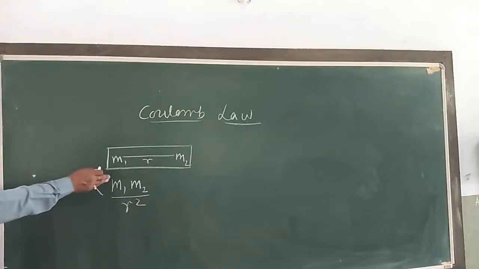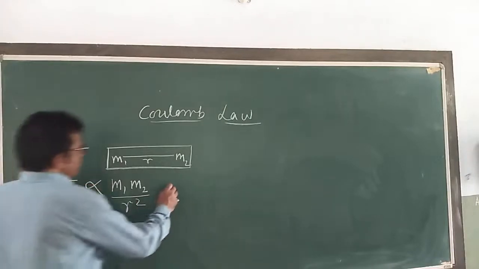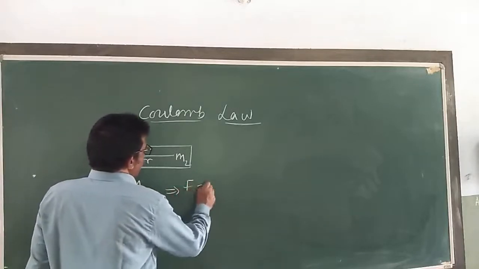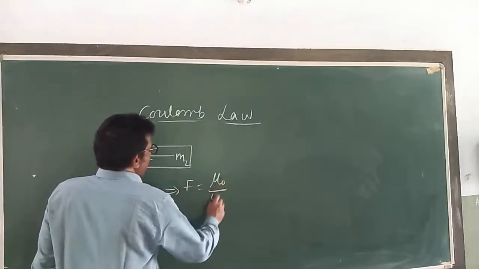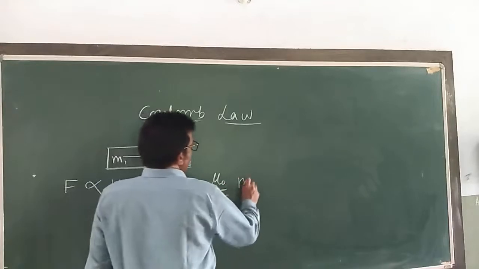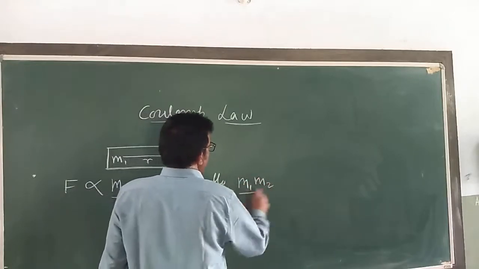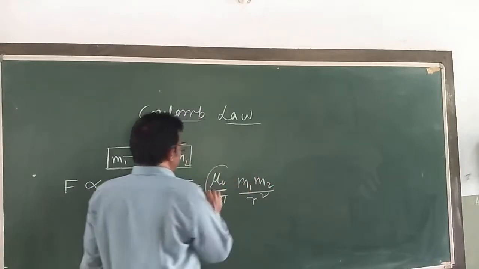So my dear children, the constant of proportionality here is mu naught upon 4 pi, so F = mu naught upon 4 pi times M1 M2 by R square.